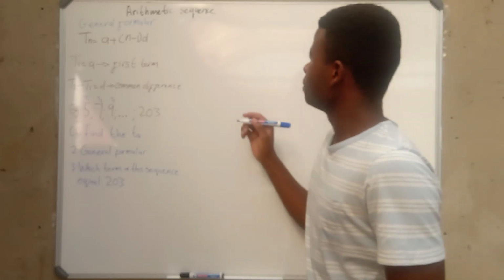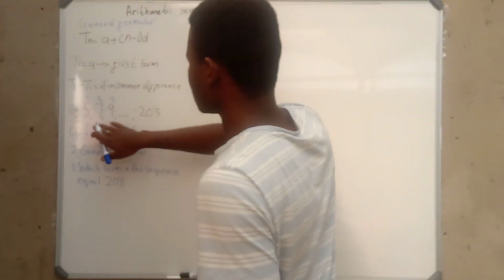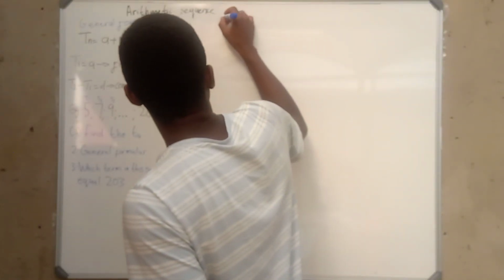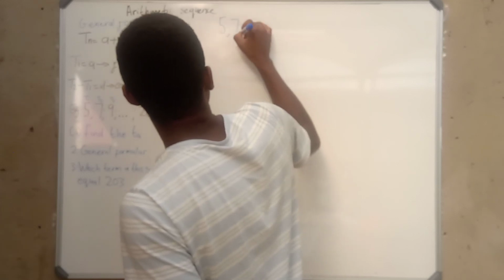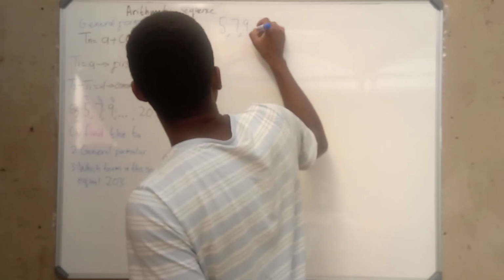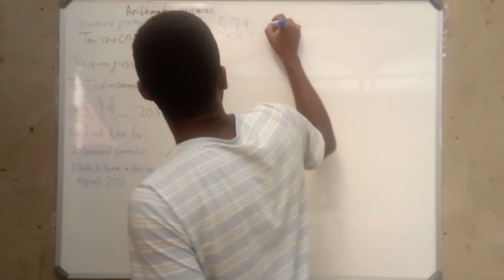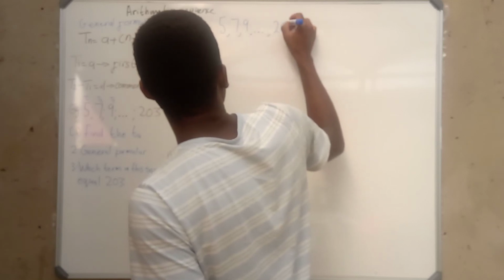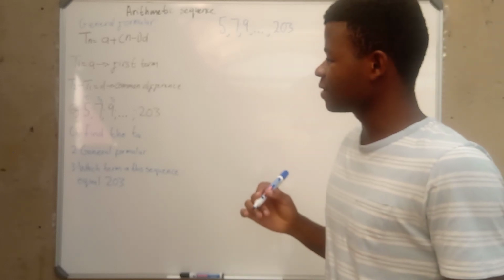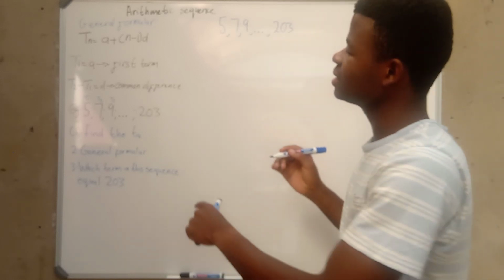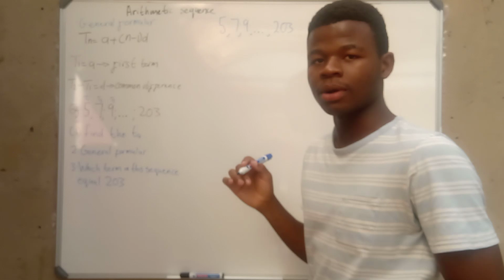So let me just write the example here. They've given us 5, 7, 9, and 203. First things first, let us identify these two things.